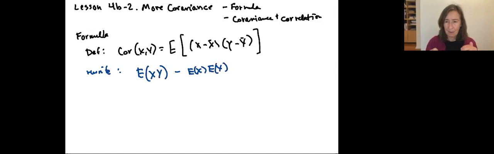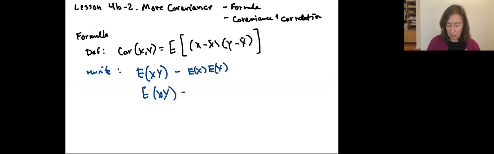Okay, so the expected value of the product minus the product of the expectations might be a way to think about this. Or if you wanted to keep the notation completely parallel here, you could say that the covariance is expectation of x times y minus x bar y bar.